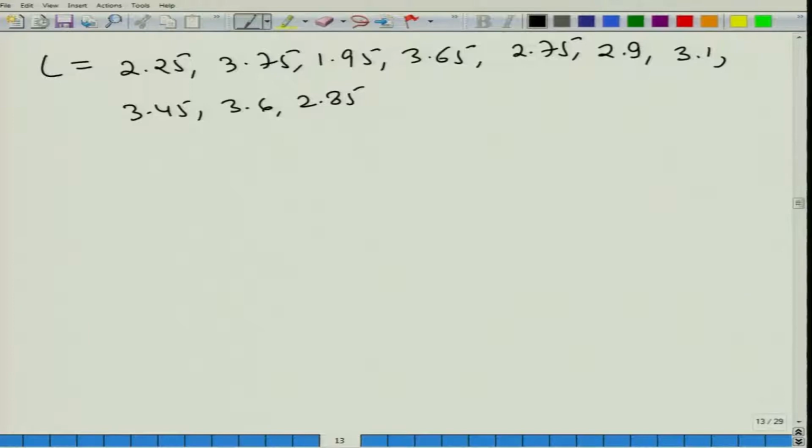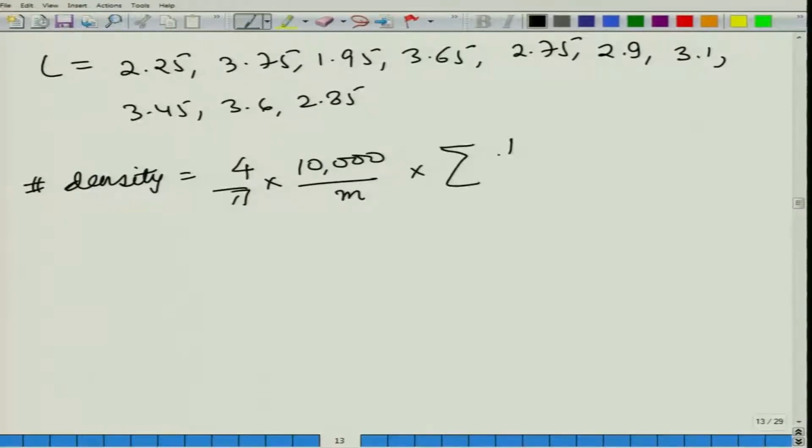Now, the number density is given by 4 by pi into 10,000 divided by m into sum over 1 upon Li square. Now, in this case, because we have 10 readings, m is equal to 10. So, this equation will become 4 by pi into 10,000 divided by 10. Now, the distance between two trees is given in meters.